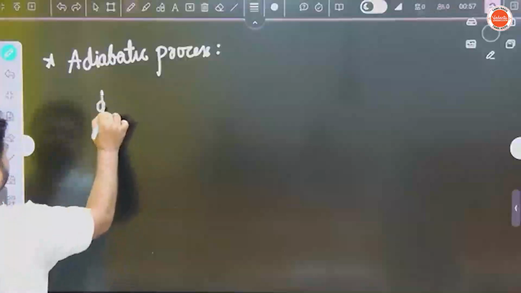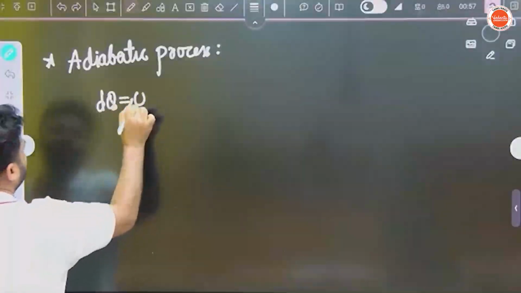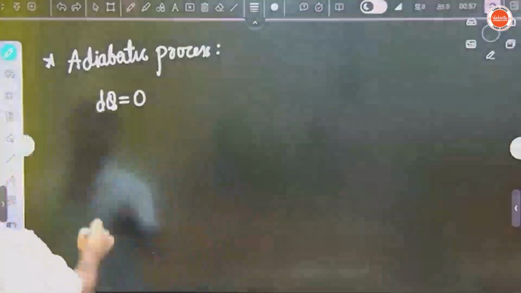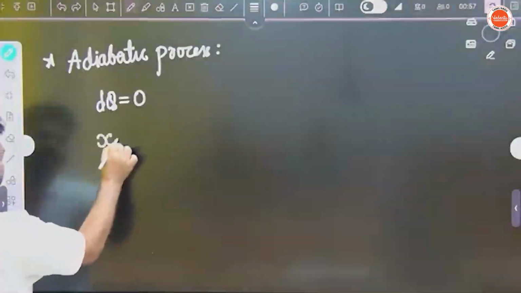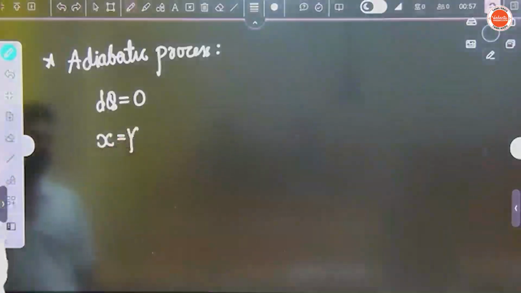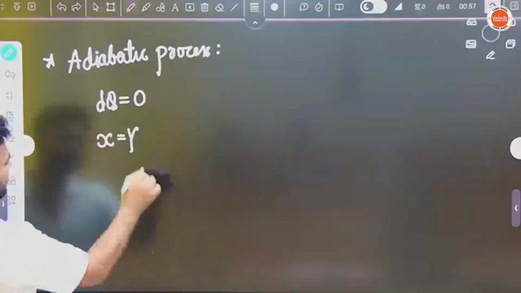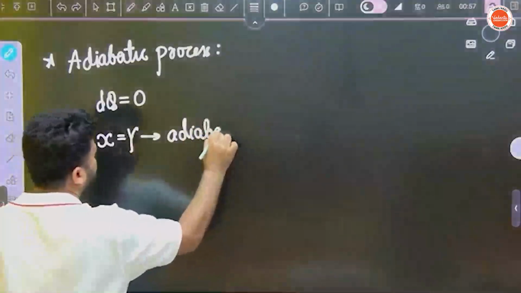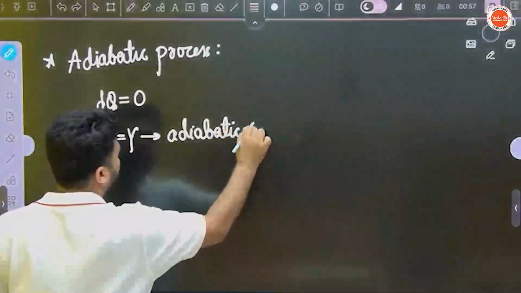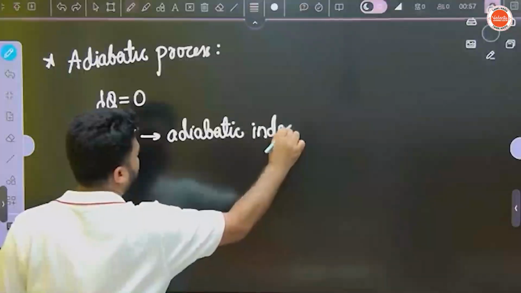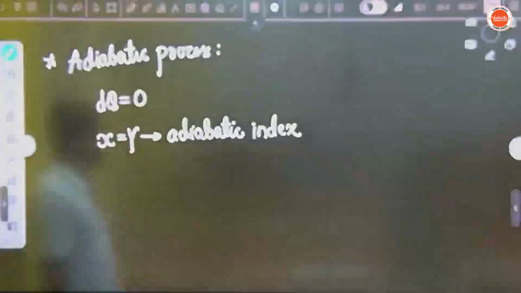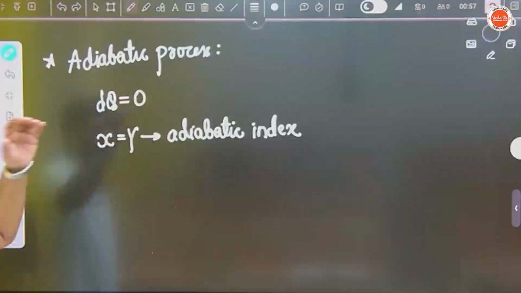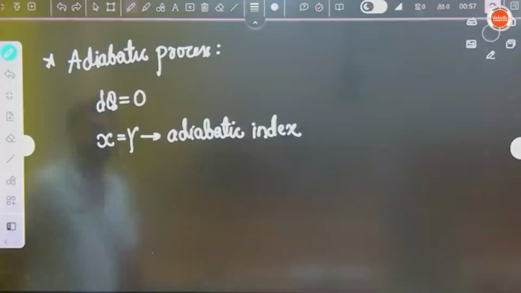Here, for x we write gamma. Gamma is called the adiabatic index. This index value is equal to gamma.